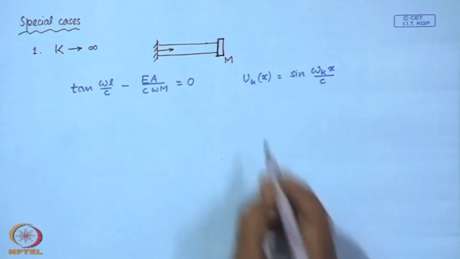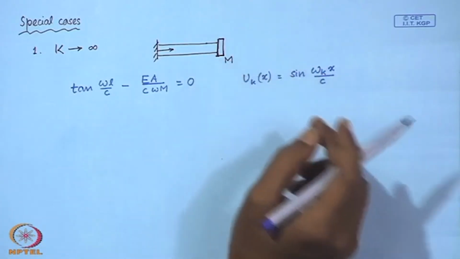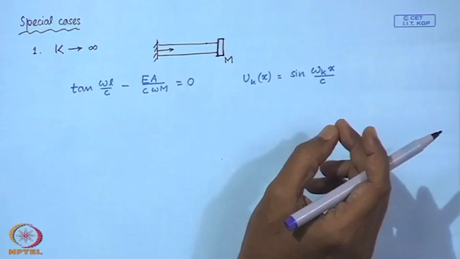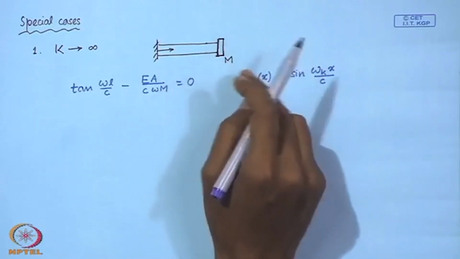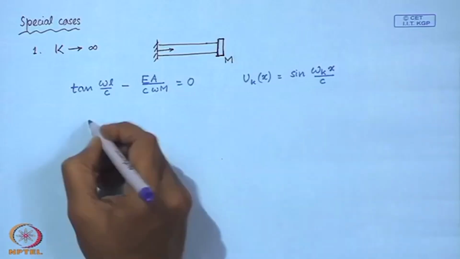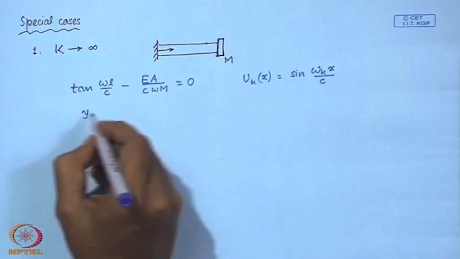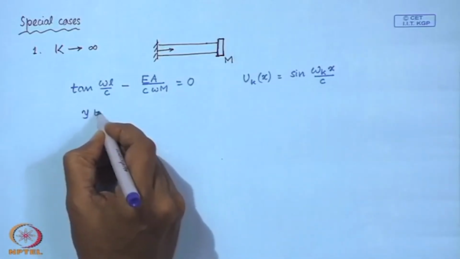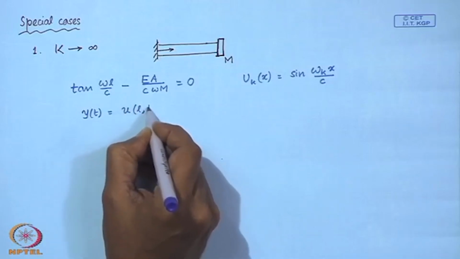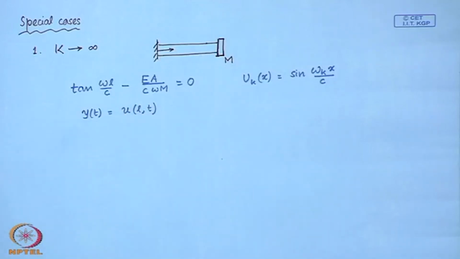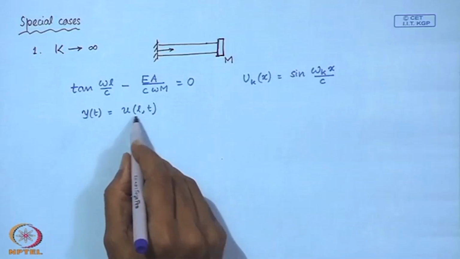So, the coordinate of this discrete mass becomes the same as, so y is nothing but u at L.